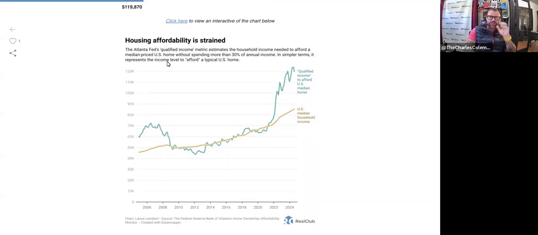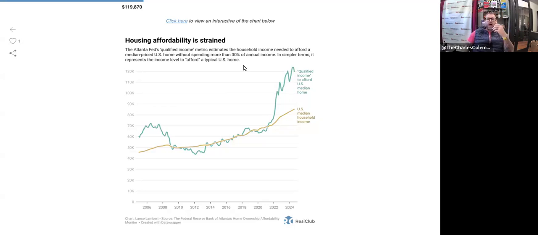Here it says this is the Fed's information that the Fed brought in. For the metric estimates, it's the household income needed to afford a median price US home without spending more than 30% of the annual income. And it says, in simple terms, it represents the income level to afford a typical US home. And we know this, right?